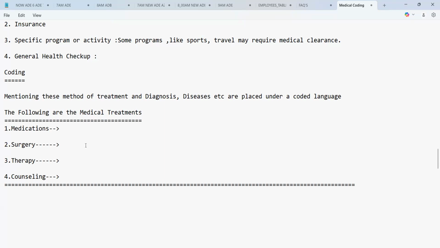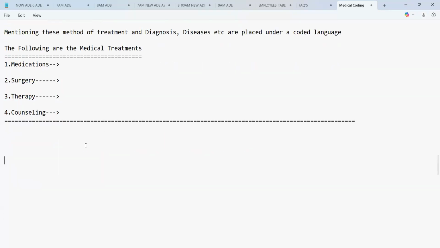Okay, so basically all this medical coding is done for the following reasons. What are the reasons for which medical codes are needed?